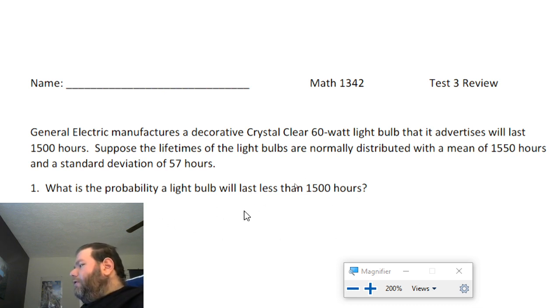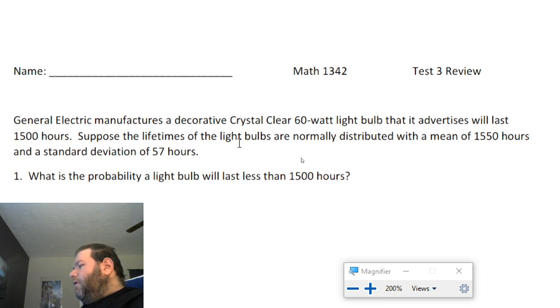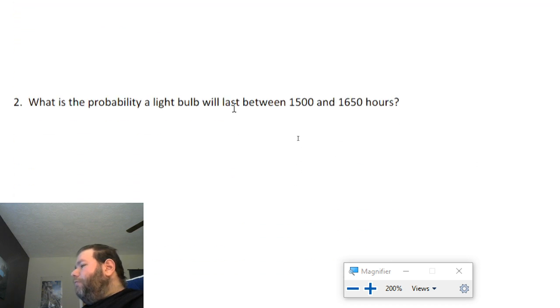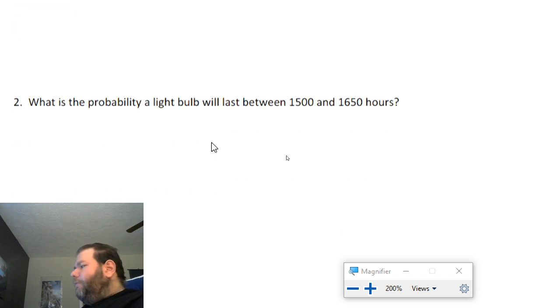So, problems 1 and 2 both use the same setup, which I think I did in class as an example. But this is 7.2, so it's less than a certain x value, and then between two different x values.